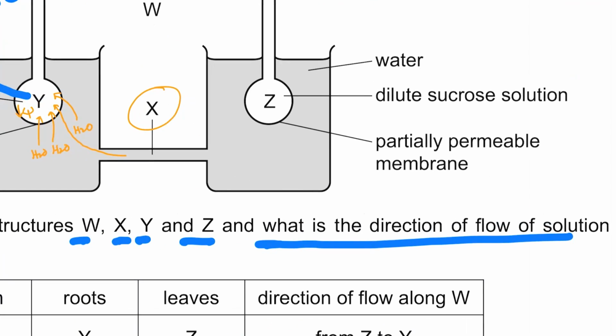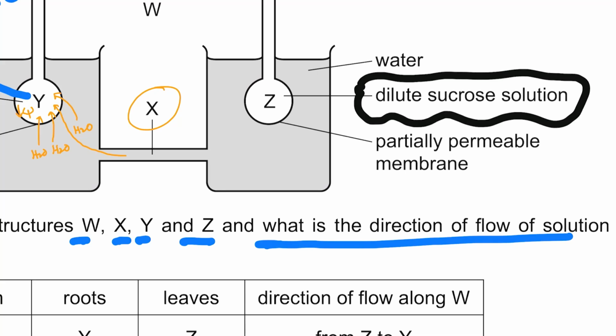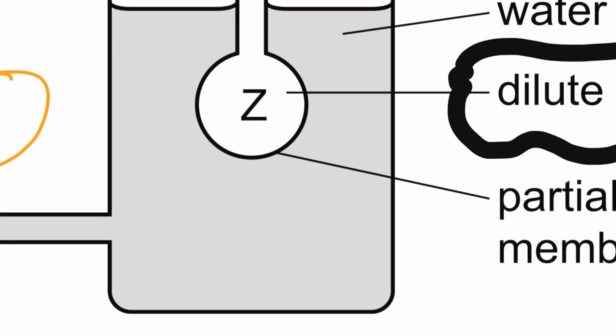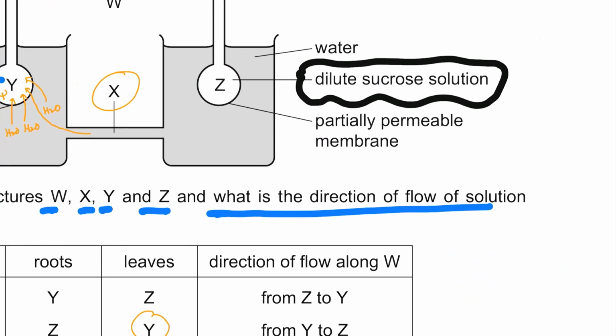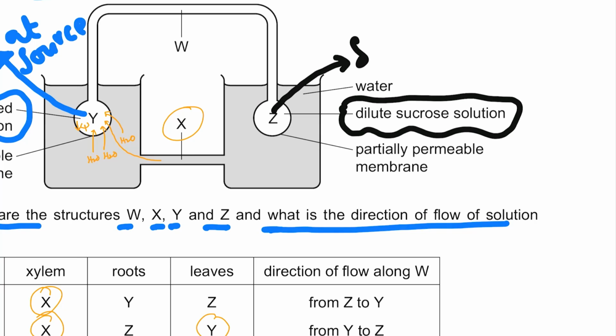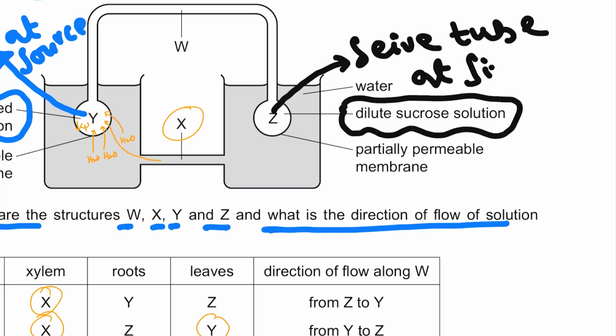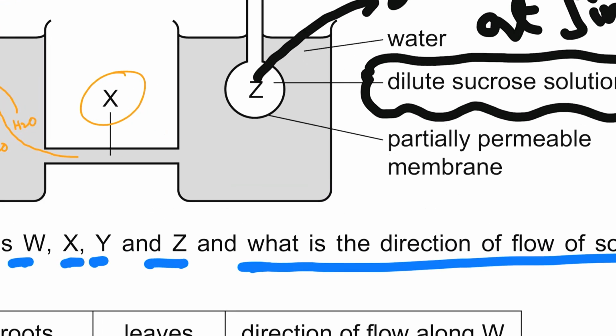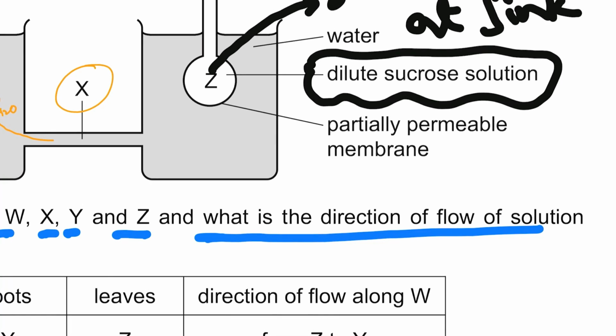Okay. So guys, what is Z? You can see that Z has a dilute sucrose solution. So this means that Z is the sink, because at sink sucrose is being unloaded. Z is definitely the sieve tube at sink, because at sink the sucrose is unloaded. As a result, there is a dilute sucrose solution.